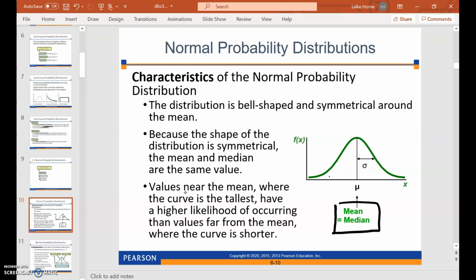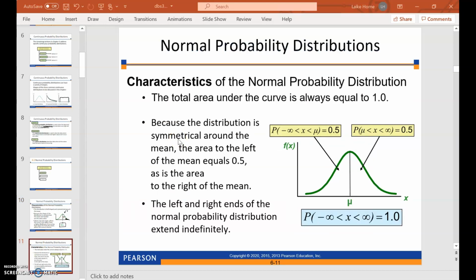So the values near the mean, this is where it's the tallest, okay? And everything under this curve is probability. So everything under this curve is going to add up to 1, your total probability. Now, this area here is higher, which means it has a higher probability. But the further away from the mean you get, the probability gets smaller and the curve gets shorter.